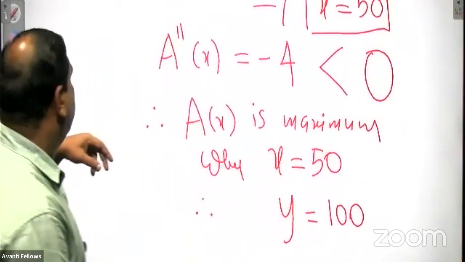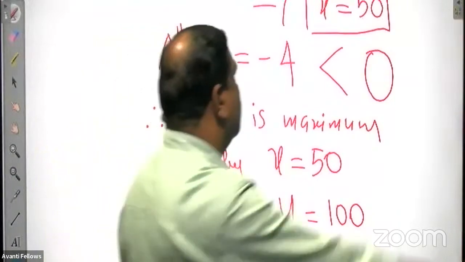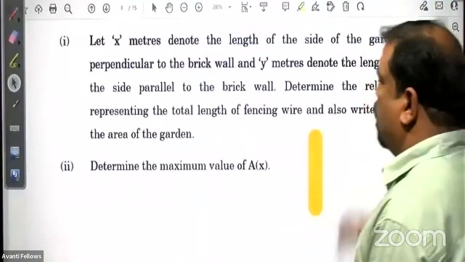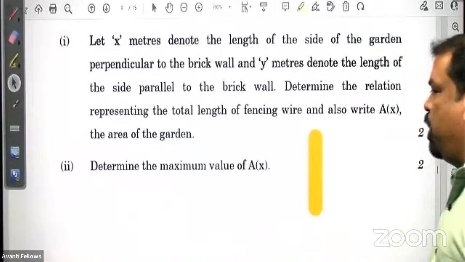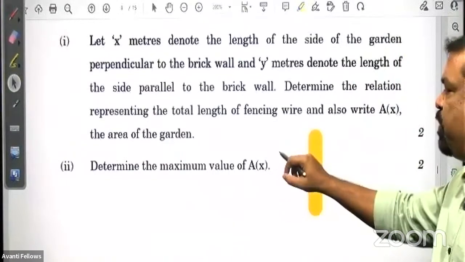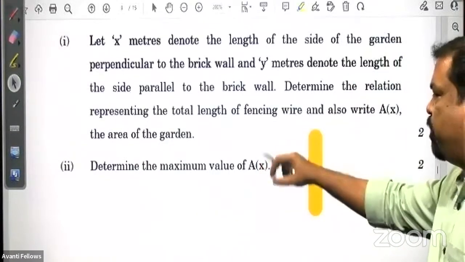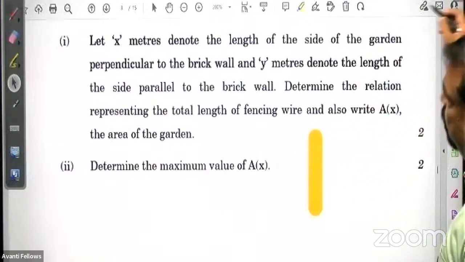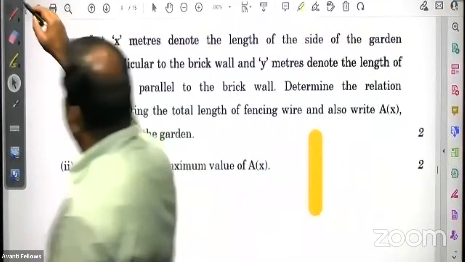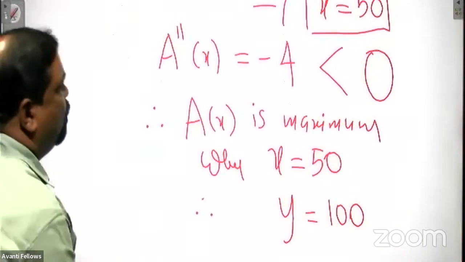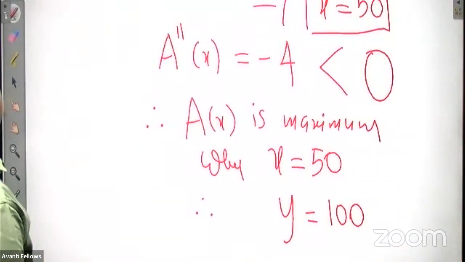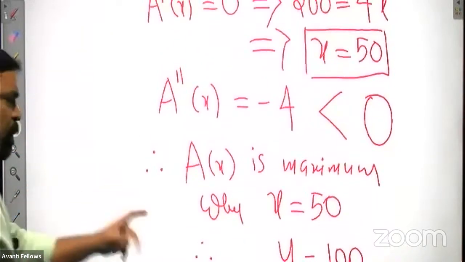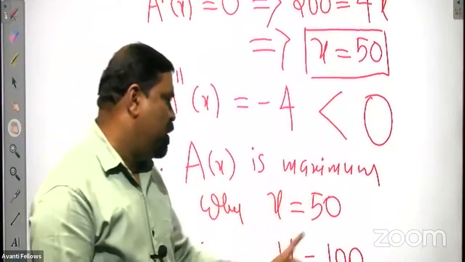Determine the maximum value of A of x. After getting x and y, we have to find the maximum value of the area. What we have got just now is area is maximum when x equal to 50 and y is equal to 100.